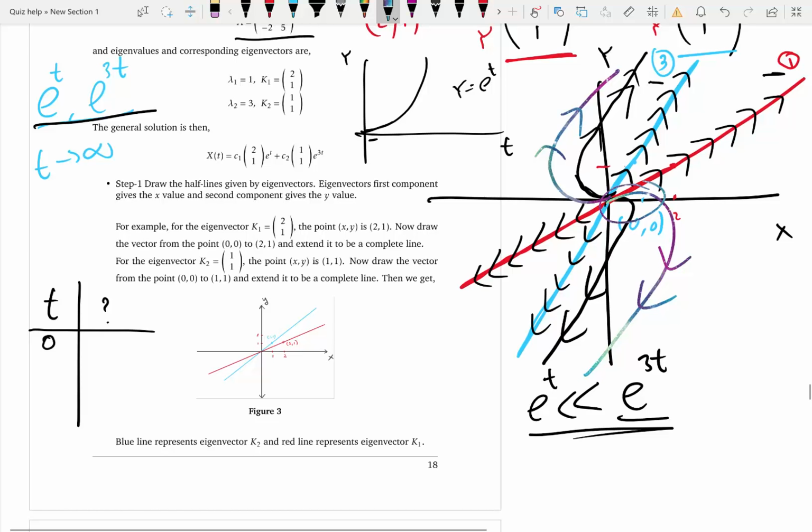So when both eigenvalues are positive, crucial word both, the equilibrium point is unstable, a repeller. All right, thank you very much. See you in the next video for case 2.